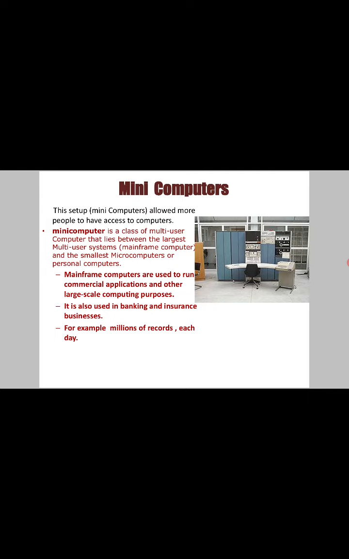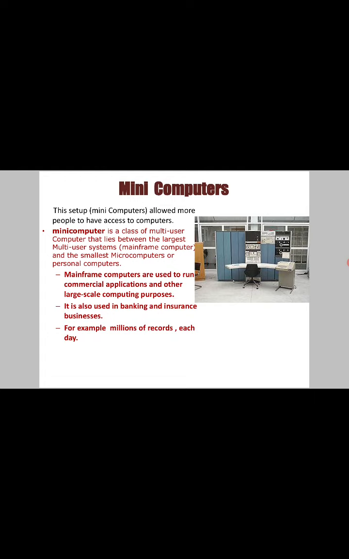So generally mainframe computers are used to run commercial applications and other large scale computing purposes. They are also used in banking and insurance business, for example, millions of records each day. So what are the main purposes of using mainframe computers?